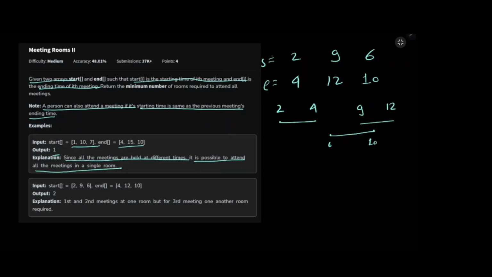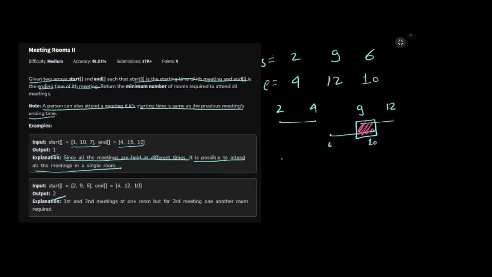6 to 10. So you can see this portion will be our overlapping time. So we don't have to worry about how many hours we are going to overlap, because all we have to find is the number of rooms. So there is only one overlap here, no other.